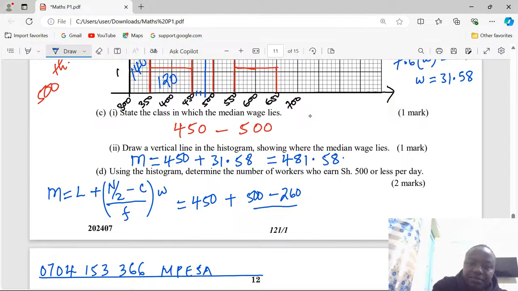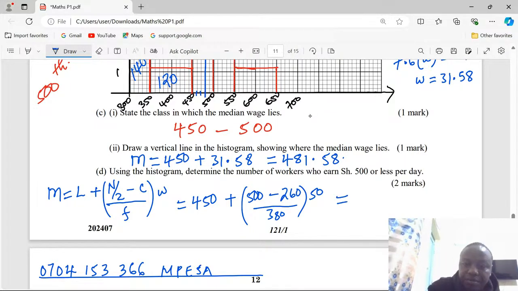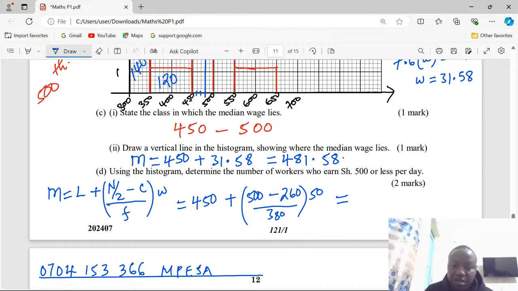Then divided by the frequency for the particular class, which is 380. Then multiplied by the class width. Class width for the median class is 50. So when we carry out this computation, we have 500 minus 260, then I divide by 380, then I multiply by 50. I'm going to have 31.58.